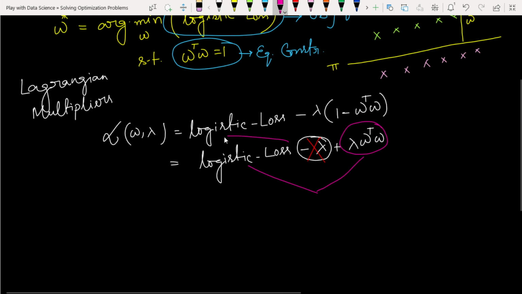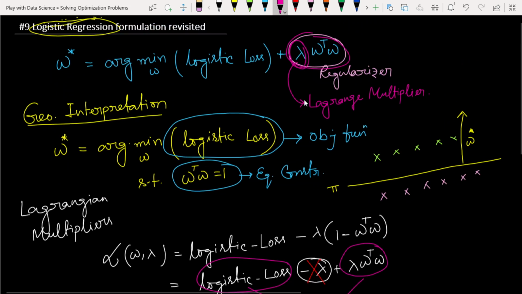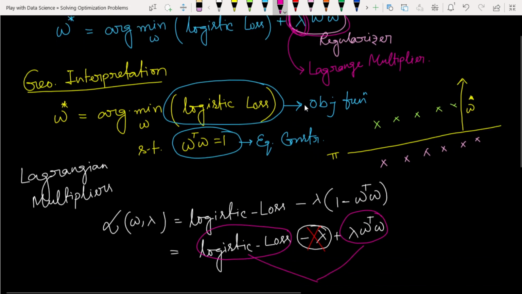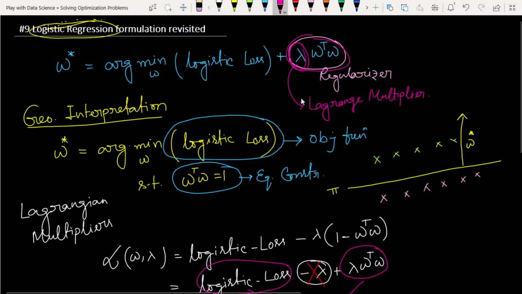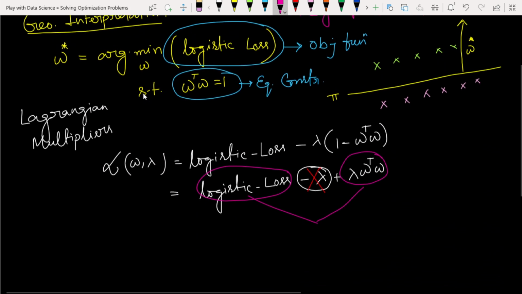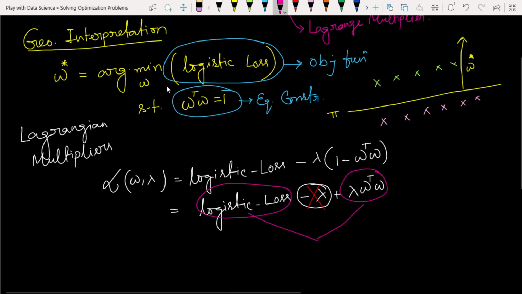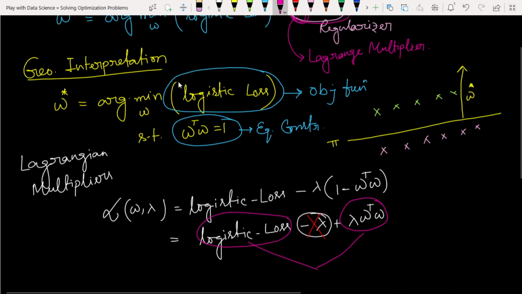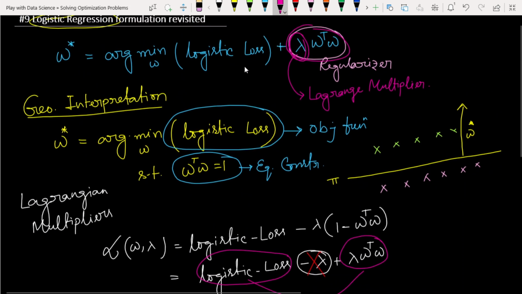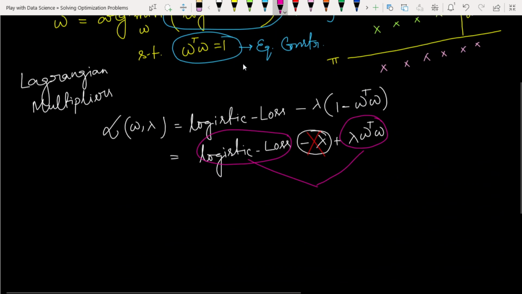Both are the same kind of equation. One uses the regularizer concept, and the other comes from the Lagrangian multiplier concept, but both are adopted in the same kind of formula.